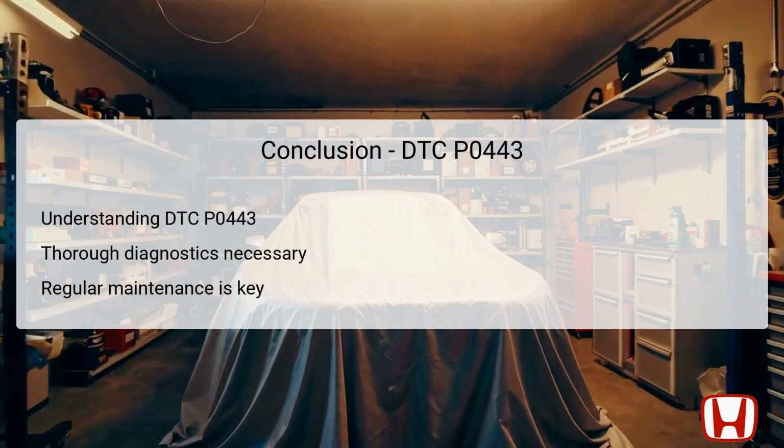It's vital to have a grasp of how the EVAP system operates to effectively address such diagnostic trouble codes. Additionally, adopting a proactive preventive maintenance strategy will help in sustaining the integrity of the EVAP system and minimizing the recurrence of similar issues.